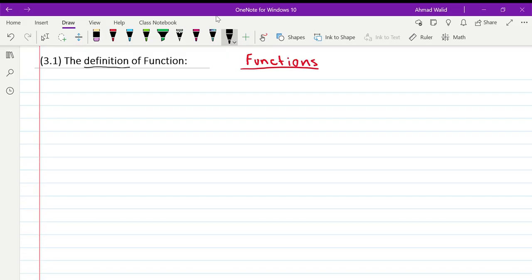Let A and B be two non-empty sets, correct?